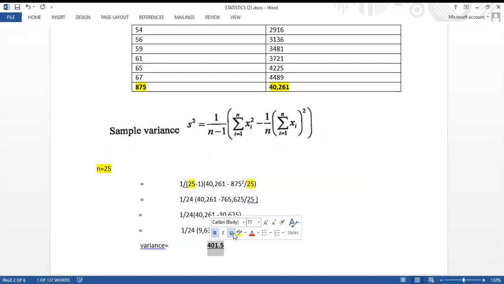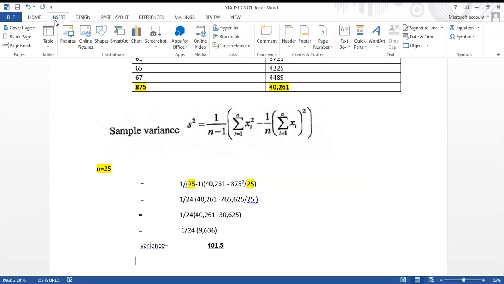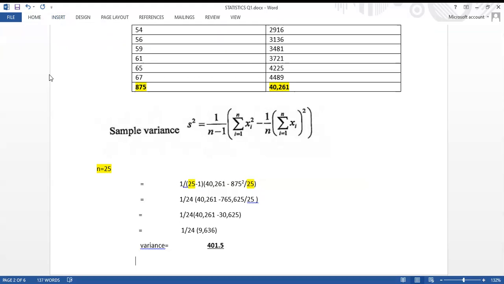Then to get our standard deviation, we find the square root of this variance. Excuse me, sir. I would like to learn what exactly is variance, just to define it so that I understand what we're really doing. I understand the numbers, but what is it exactly?